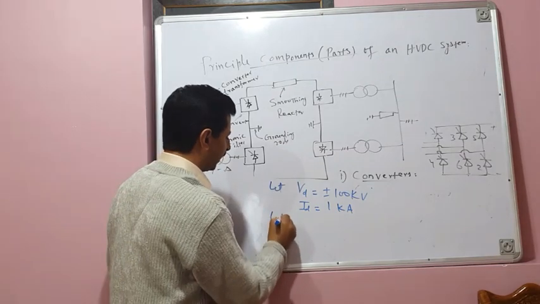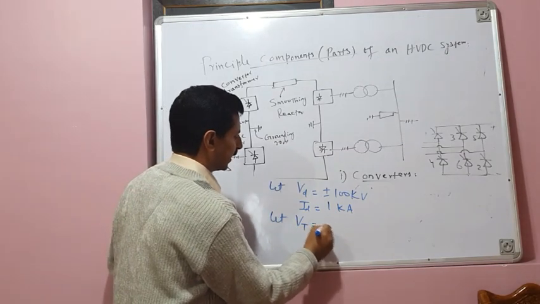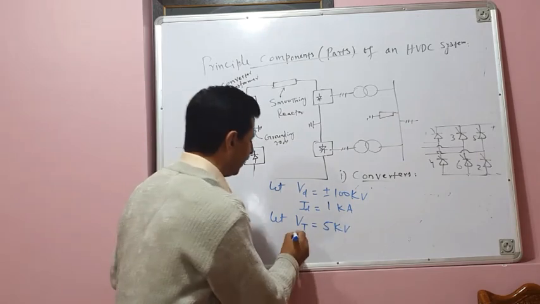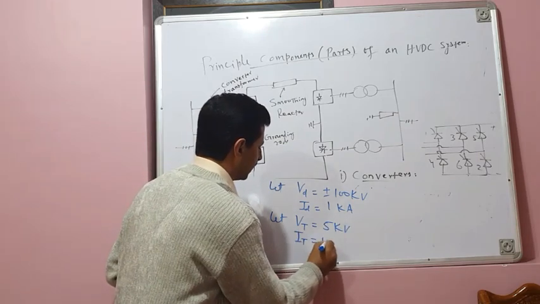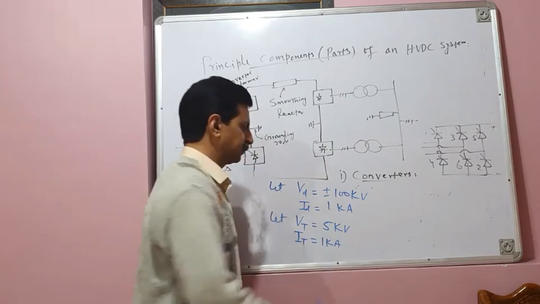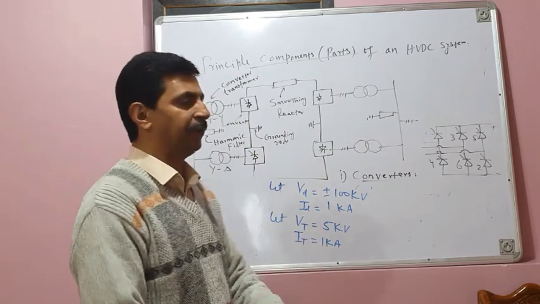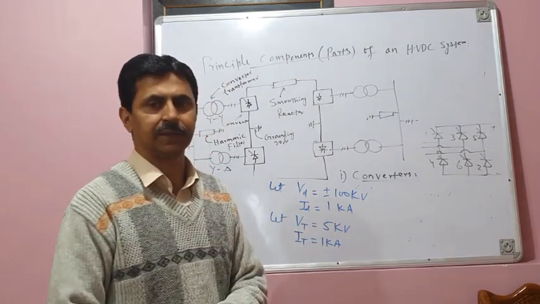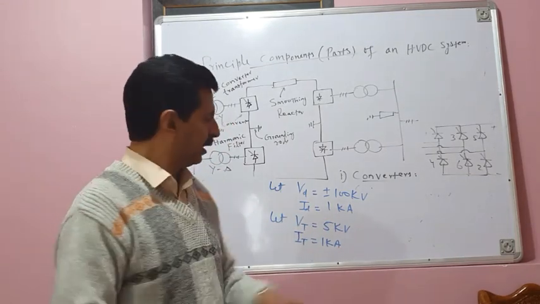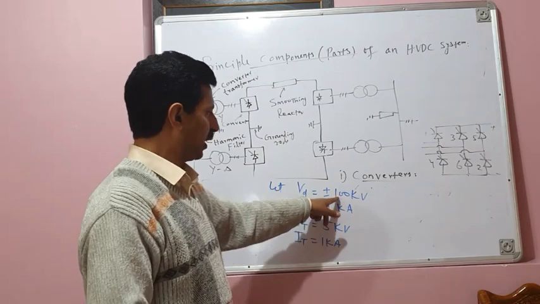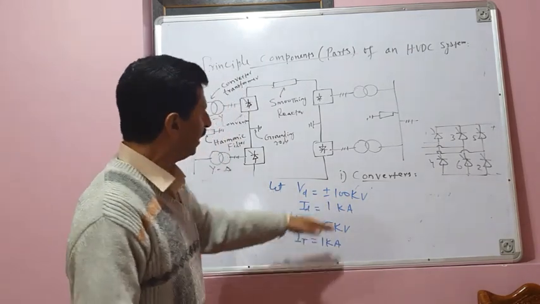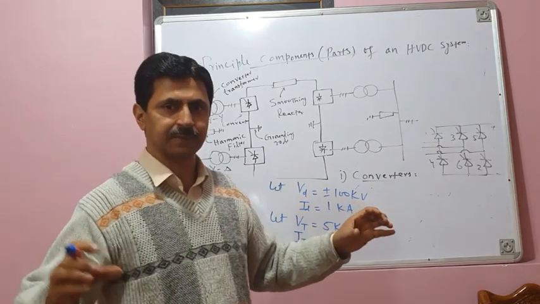And let us assume that the maximum voltage rating of an SCR available in the market is 5 kV and the current rating of the SCR is 1 kiloampere. So we have only 5 kV SCRs commercially available, but we have to produce a 100 kV HVDC link. How many thyristors do you have to put in series?